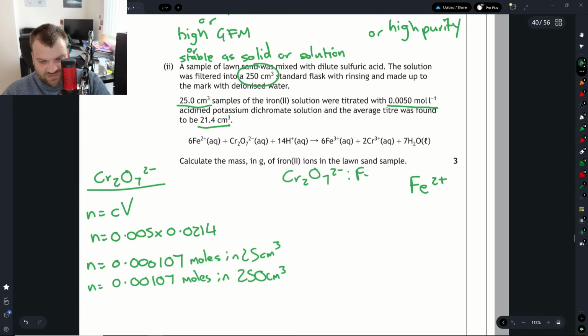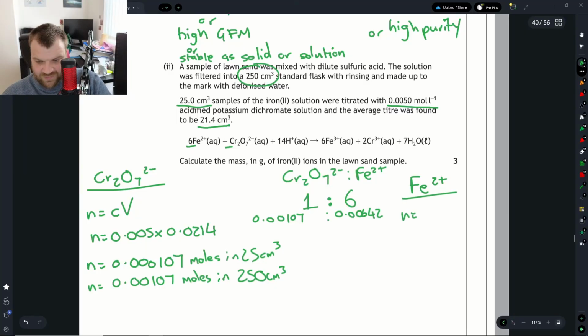We then want to do our ratio between the two chemicals. There is no number in front of the dichromate. That's a 1. There is a 6 in front of the other one. That means that we've got 0.00107. We need 6 times as much as that, 0.00642.